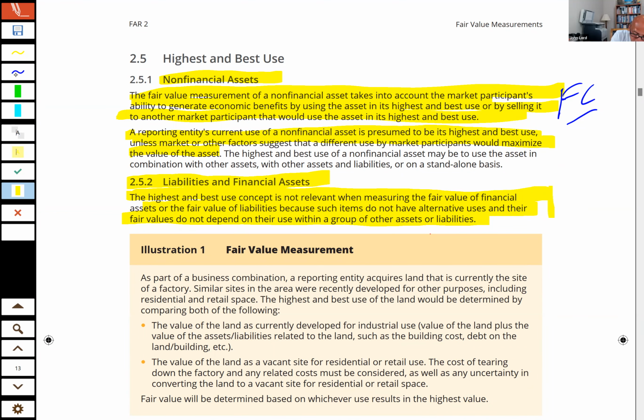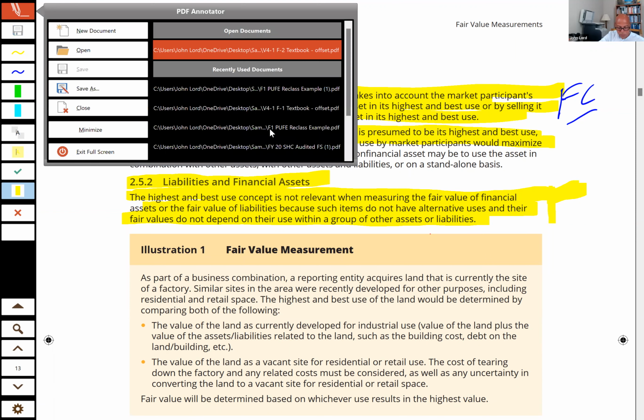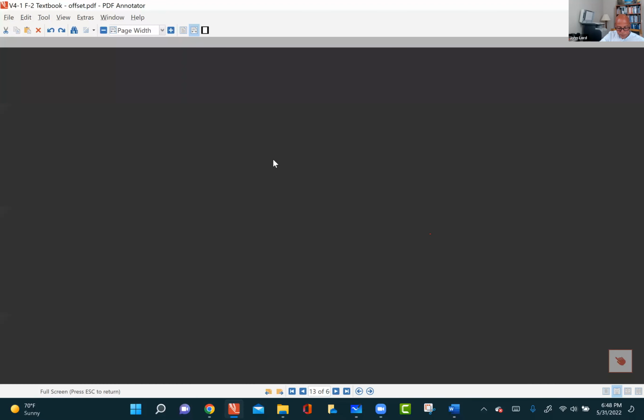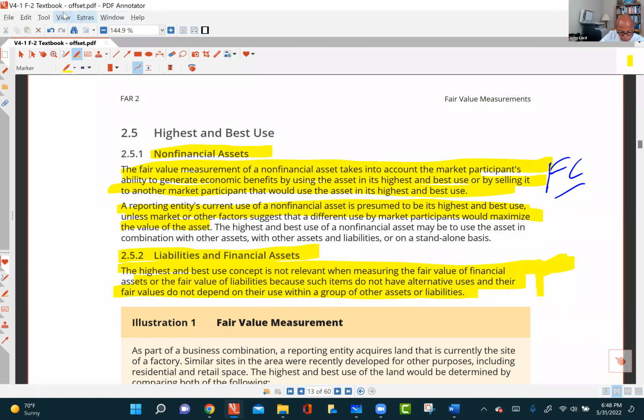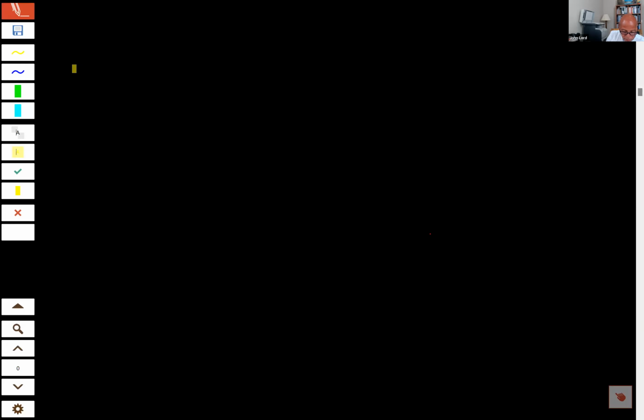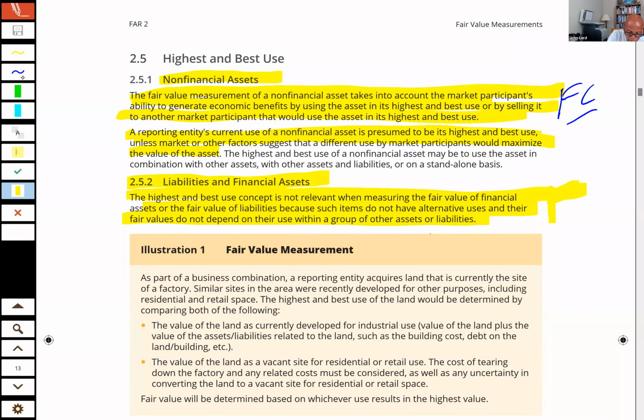What are you doing to me here? What is this? I don't want to play Twinkle Twinkle Little Star. What's the problem here? Let me exit full screen and come back to full screen. Save that. Makes this nonsense go away.